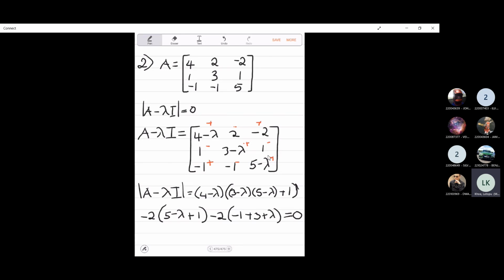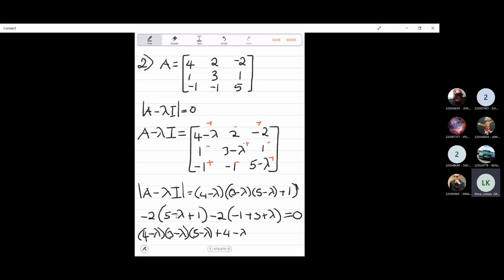So let's see, what do we have? 4 minus lambda, 3 minus lambda, 5 minus lambda. Then we have plus 4 minus lambda. I've multiplied this one out there. Then this one here, we have -2 times that.